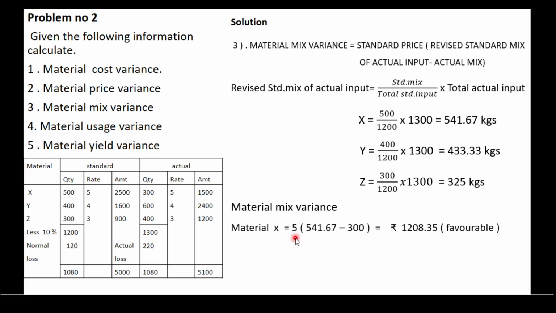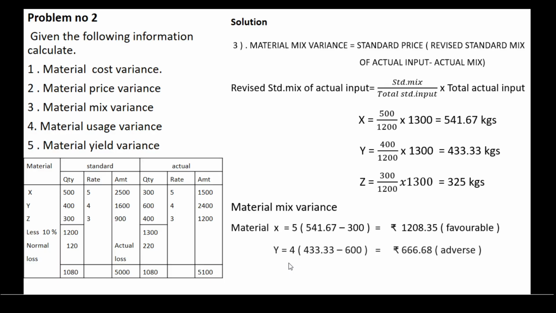So 5 into 541.67 minus 300. So the material mix variance for the material X is rupees 1208.35 favorable.